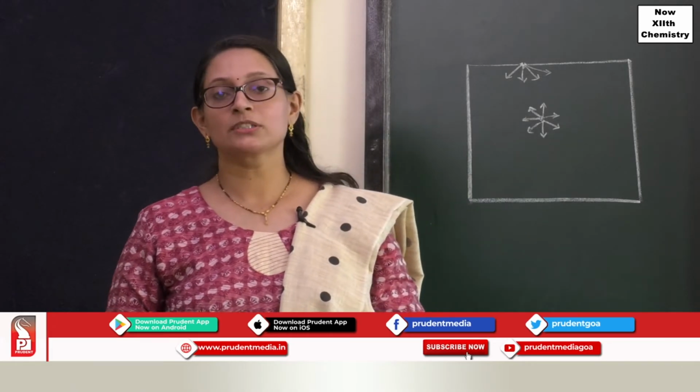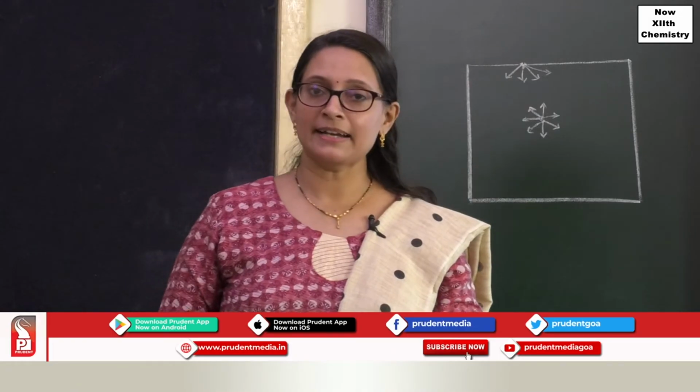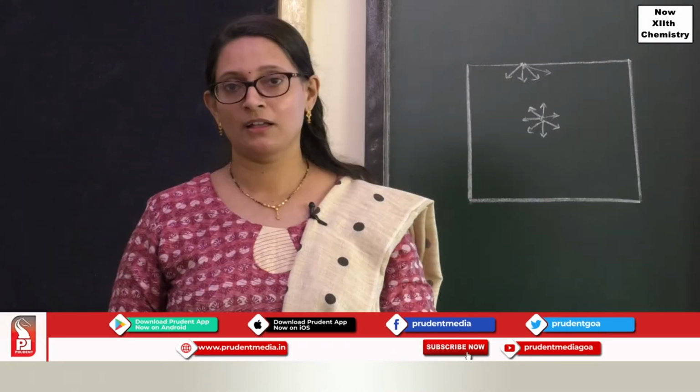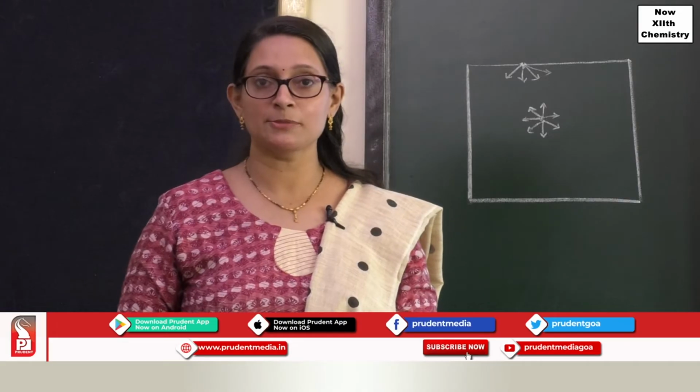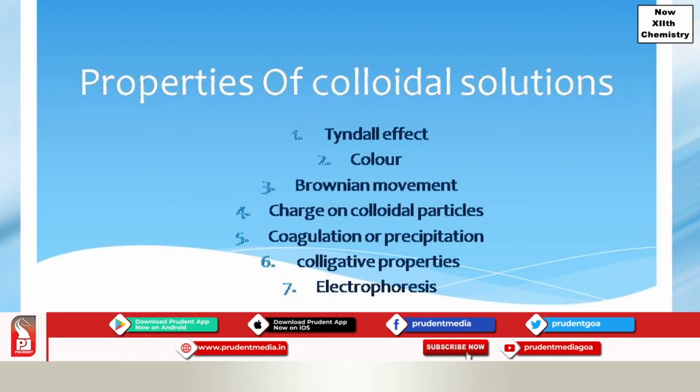Let us now come to a unique part of this chapter, and that is the unique properties of the colloidal solution. We have already discussed that due to the particle size of the colloids, that is between 1 to 1000 nanometers, there are certain properties of colloids which are unique in themselves and which are shown only by colloidal solutions.